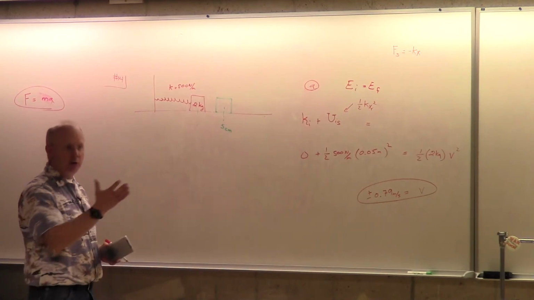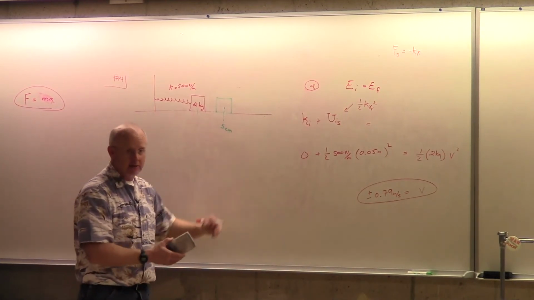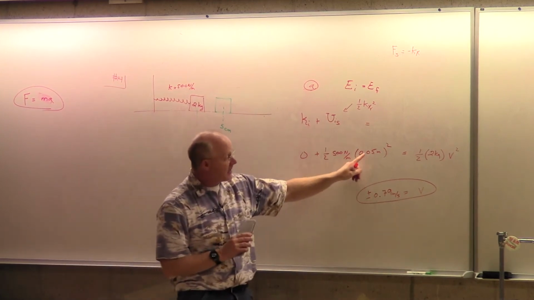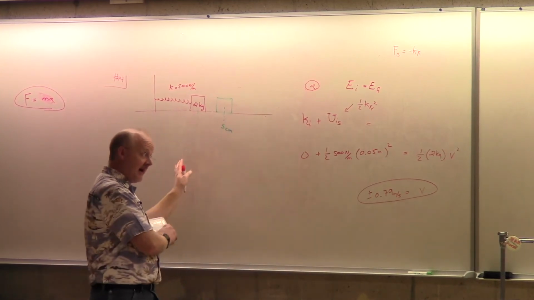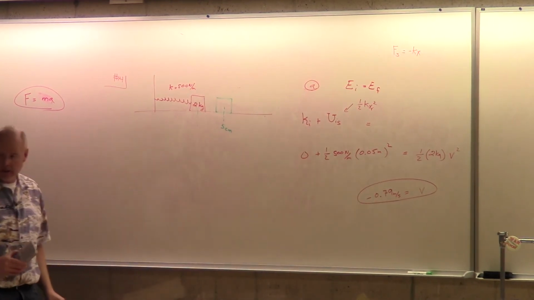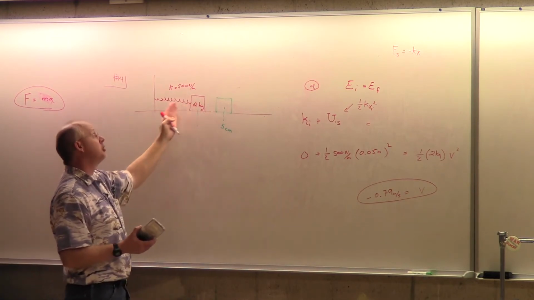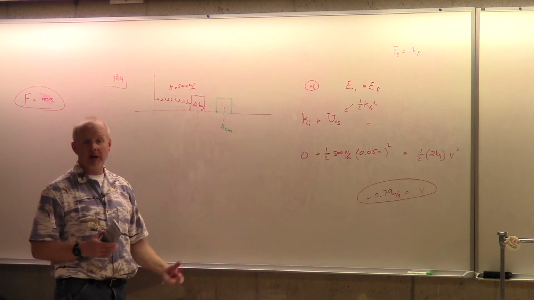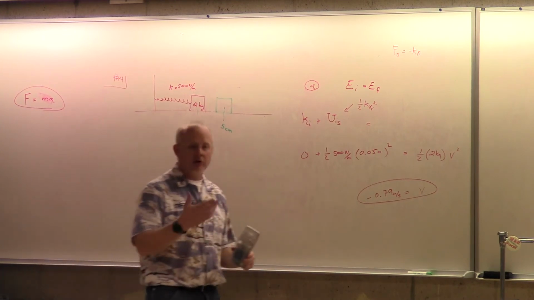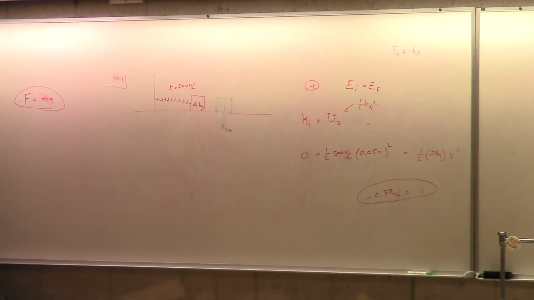Since I pulled it to the right, and I called right positive, it's heading to the left. So the best answer here is a negative speed. The plus speed is what I would have got had I pushed it to the left and then let it go. I'd get the same energy whether I compressed or stretched the spring, so it makes sense that I'd get the same speed, plus or minus. But I want the minus one.